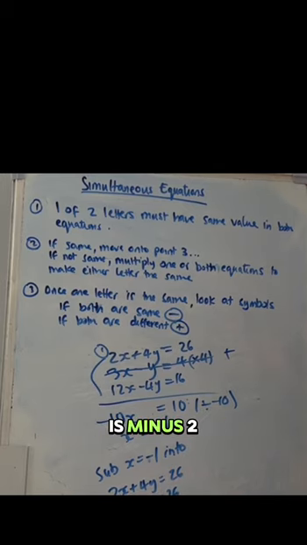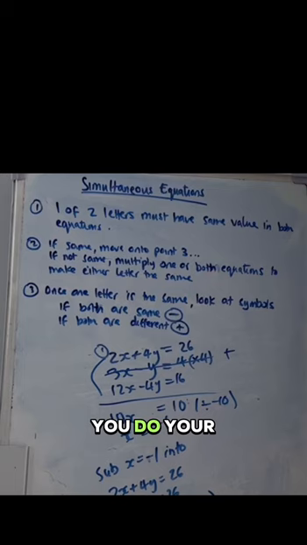If I take away 6 from both sides, 4y equals 20. If I divide by 4, y equals 5. And that's how you do your simultaneous equations. Thanks for listening.